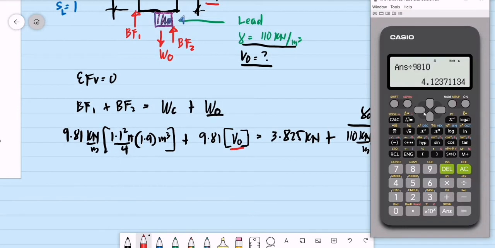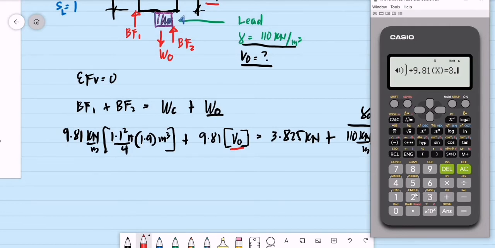So we are to use shift solve. This is 9.81, then multiplied by 1.1 squared, multiplied by pi, divided by 4, then multiplied by the depth submerged, that is 1.9, plus gamma water, that is 9.81, multiplied by the volume of the object, we say X, is equal to the weight of the cylinder.